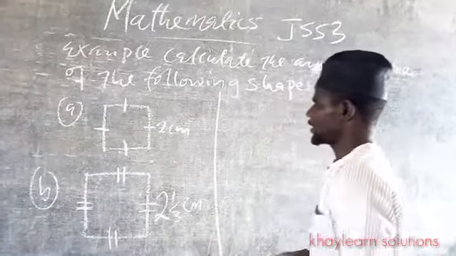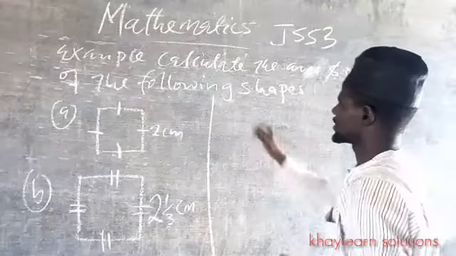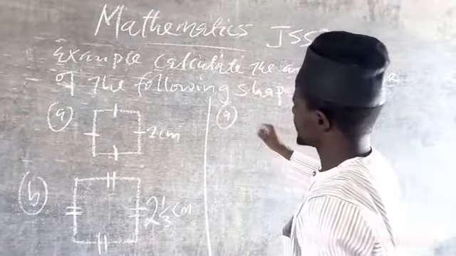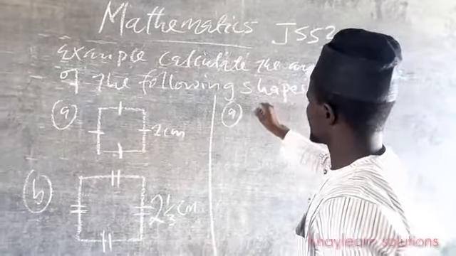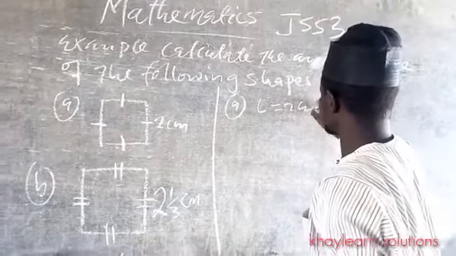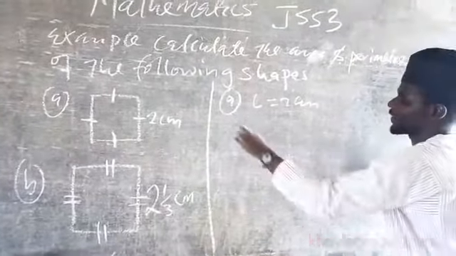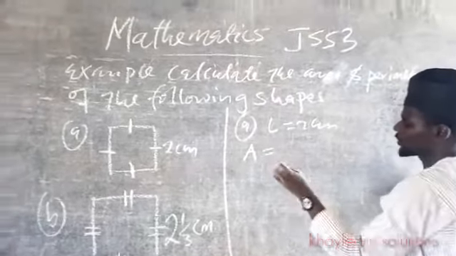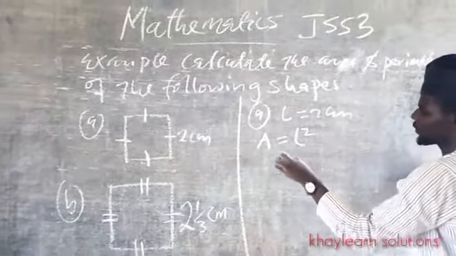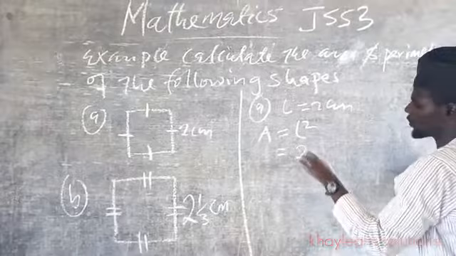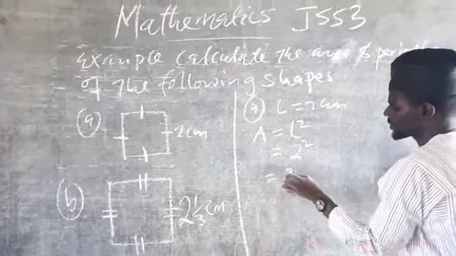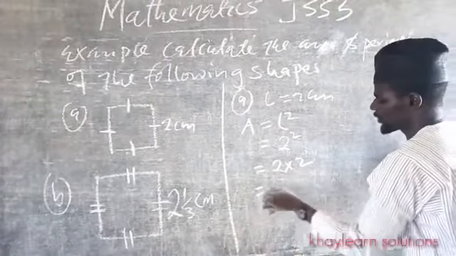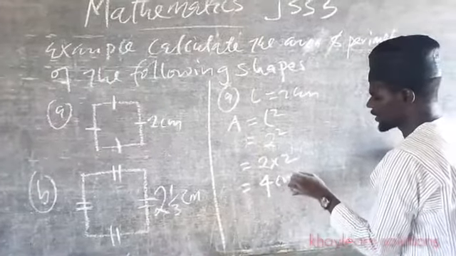So let's find the area first. For the area of the first shape, the length is 2 centimeters, as we've seen. Therefore the area will be equal to length squared, which gives you 2 squared, and 2 squared means 2 times 2, which gives you 4 centimeters squared.